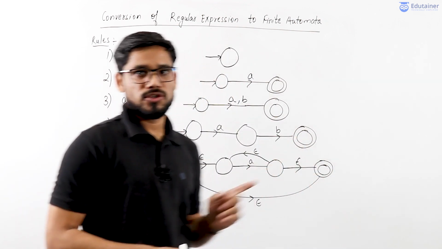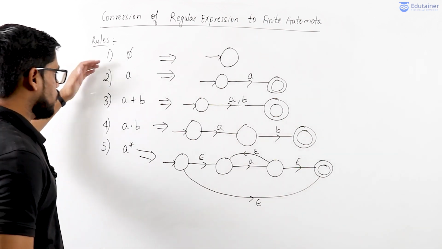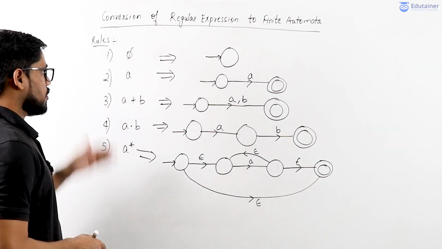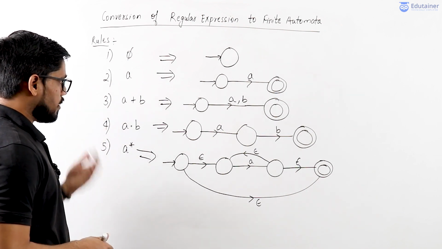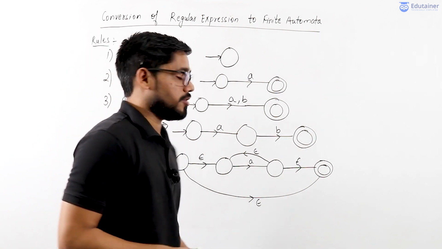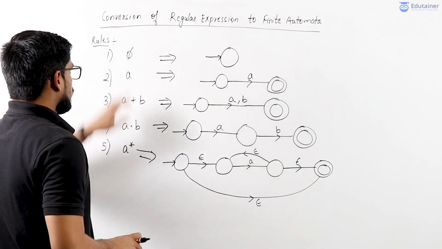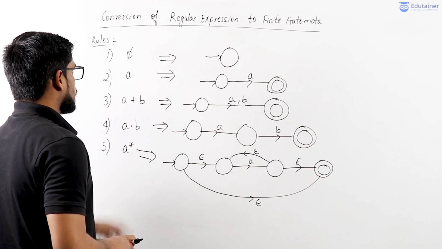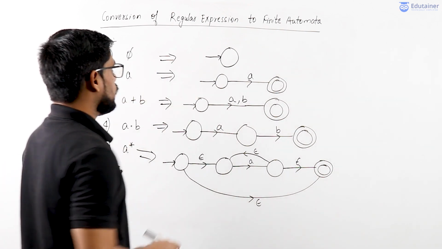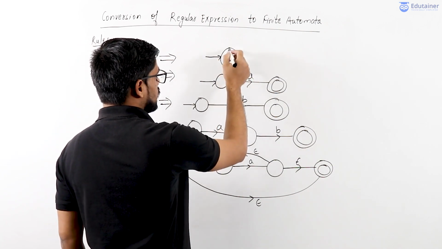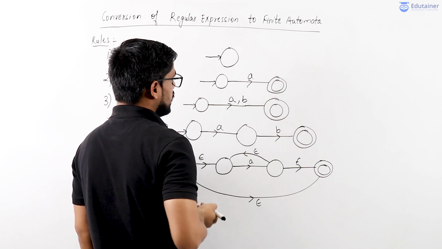First we will see the conversion of regular expression to finite automata. So there are various rules defined here. We just look at the rules, and then we will apply the conversion procedure. So the first rule is, if a regular expression contains only the symbol phi, then you will show it with the help of a circle, and this circle is nothing but the initial state.